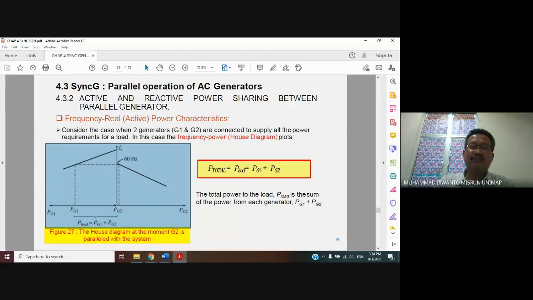The total load power is equal to the active power of generator 1 plus the active power of generator 2.